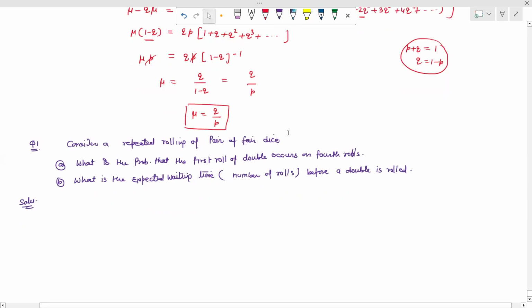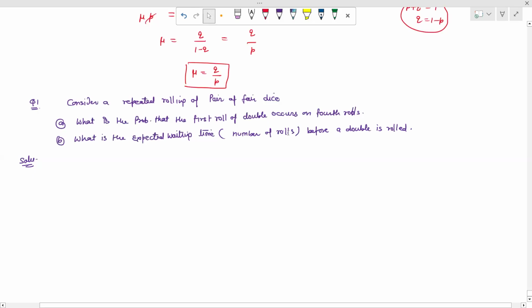So consider a repeated rolling of a pair of fair dice. So what is our success? So let us consider x. X is our success. Success is the roll of a double.